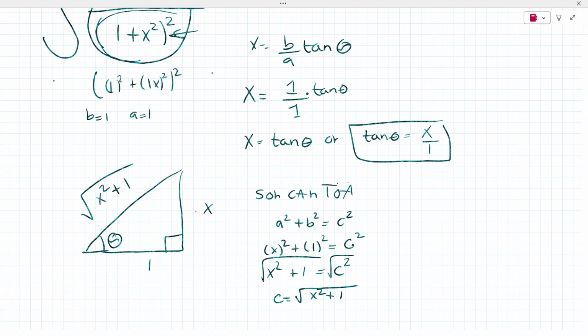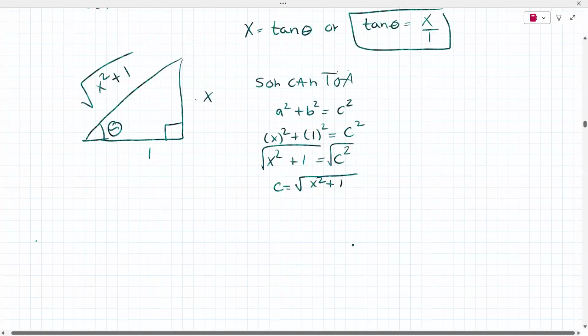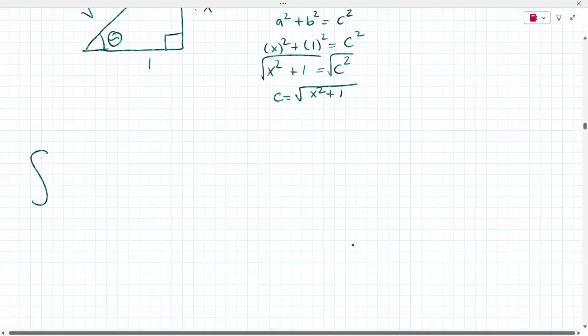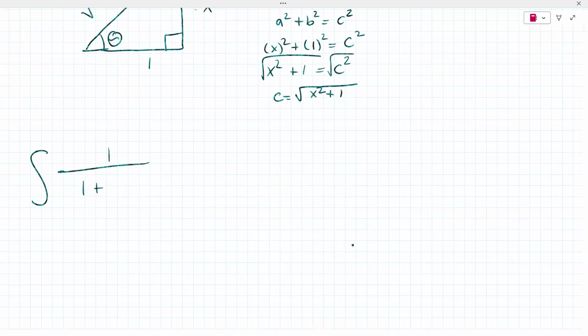Okay. Now what? We got a triangle, we found our missing sides. Let's do some substitution. If you recall, our problem was 1 over 1 plus x squared, all raised to the second power, times dx.